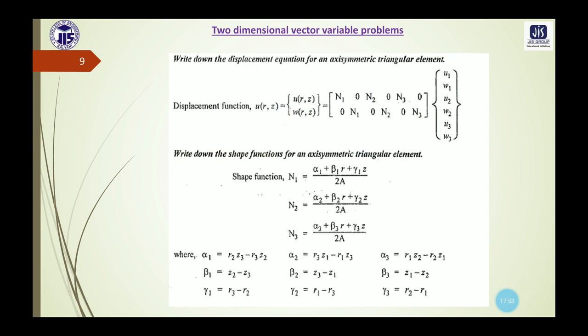So this formula is known to us. This N is the shape function. This formula we have also earlier used to solve different numericals based on the axisymmetric triangular element.